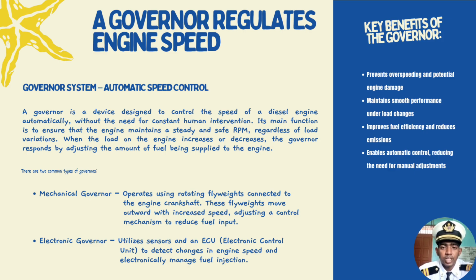Its main function is to ensure that the engine maintains a steady and safe RPM regardless of load variation. When the load on the engine increases or decreases, the governor responds by adjusting the amount of fuel being supplied to the engine.